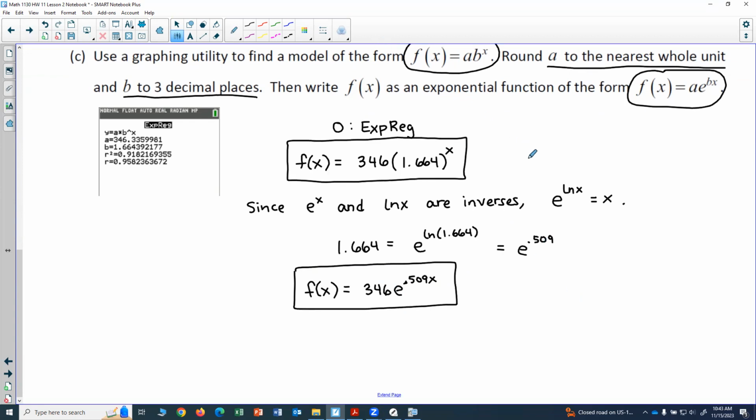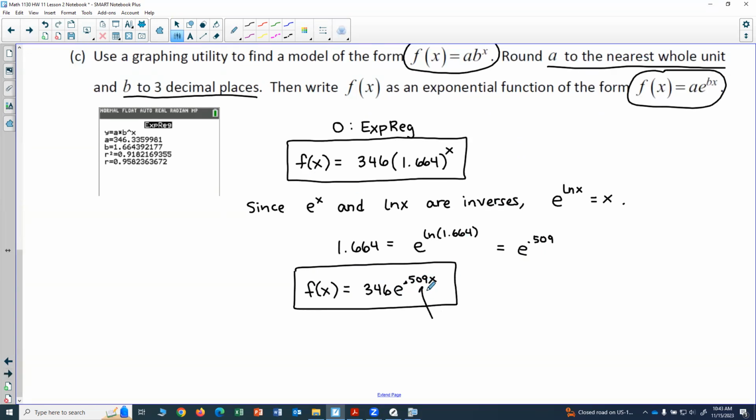So the new b value in the a times e to the bx, that value is always going to be the natural log of your original b. So I can go ahead and write that.